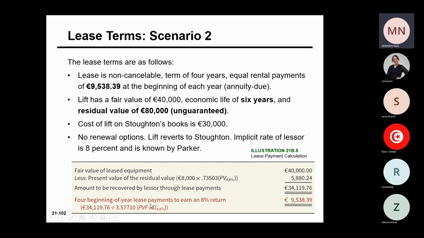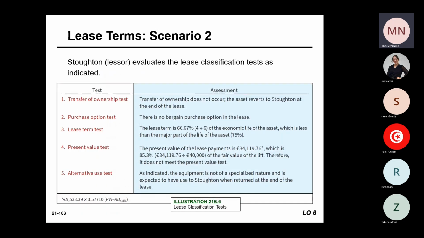It will be 35 divided by 3.7, the present value factor of annuity due. So we get our annual payment of 9,538.